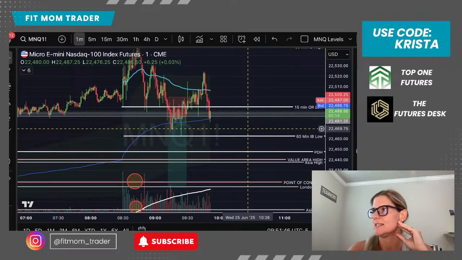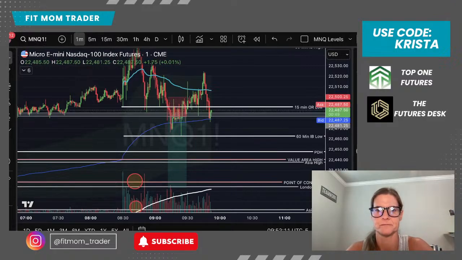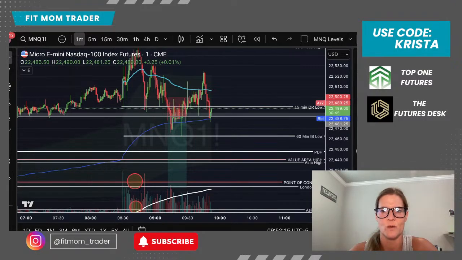But still just continuing that chop. Another bounce off of VWAP.